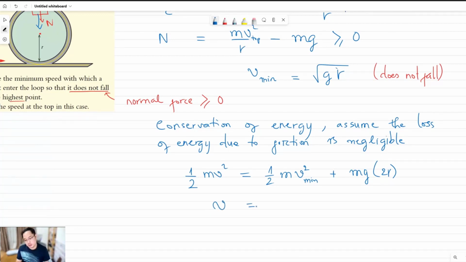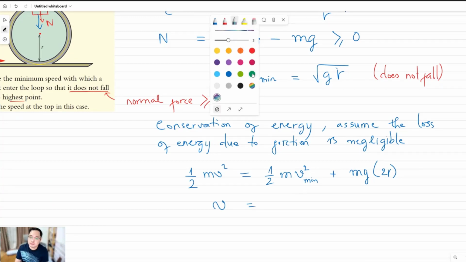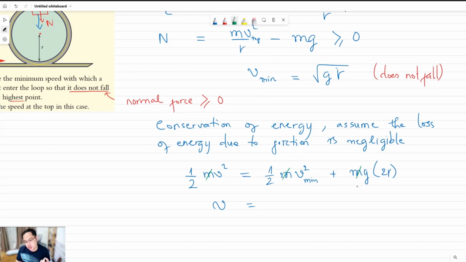V here, we can remove m from the equation, and then multiply by 2 so that we do not get 1/2. The velocity squared will be v min square, which is gr, plus 2 times 2 times gr, which is 4gr, which makes 5gr.